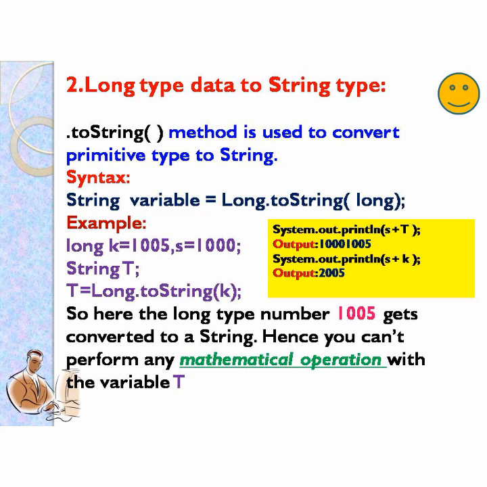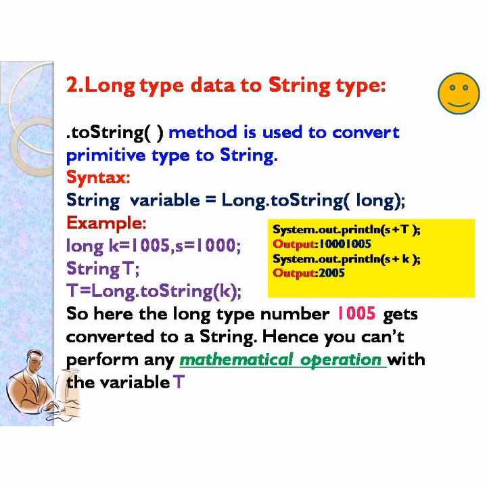The second one is long type data to string type. Same here. The syntax: string variable equals Long.toString, within brackets the long. Example: long k equals 1005 and s equals 1000. String t. So here we have to convert the long k to string. So t equals Long.toString(k). Here the long type number 1005 gets converted to a string. Hence you can't perform any mathematical operation with the variable t.